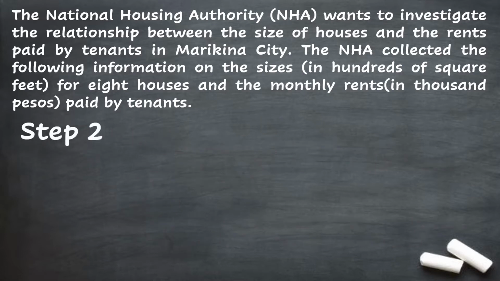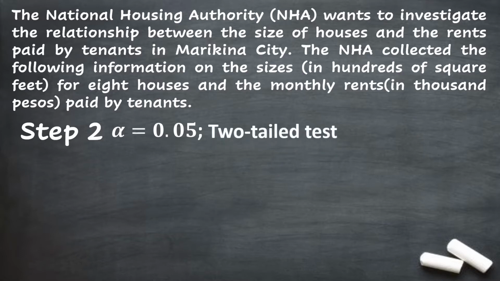For step 2, for problems under Pearson R correlation, we have to identify the alpha level, the number of tailed tests, and the degrees of freedom. For the alpha level, as you can see, it is not stated in the given problem. So if the alpha level is not stated, then automatically the alpha level is 0.05.